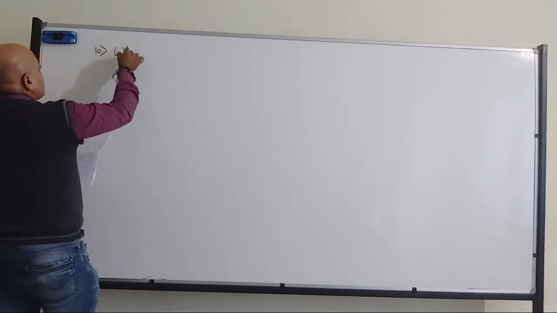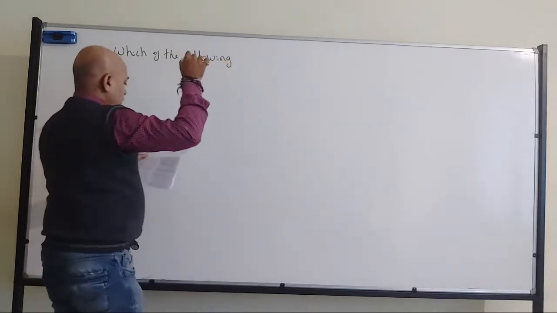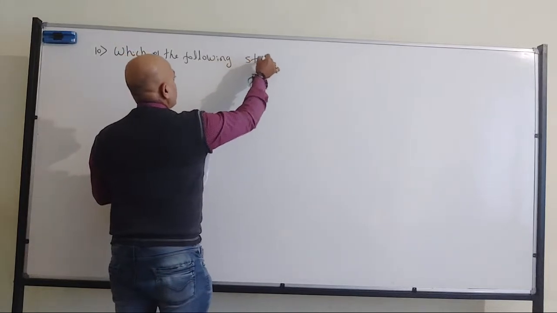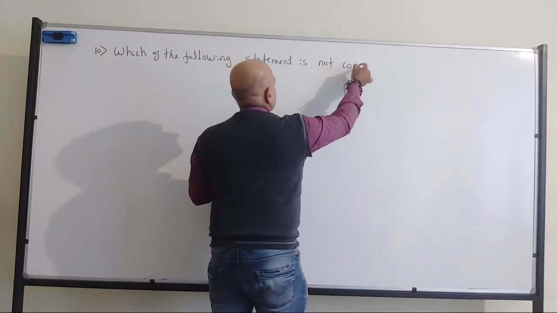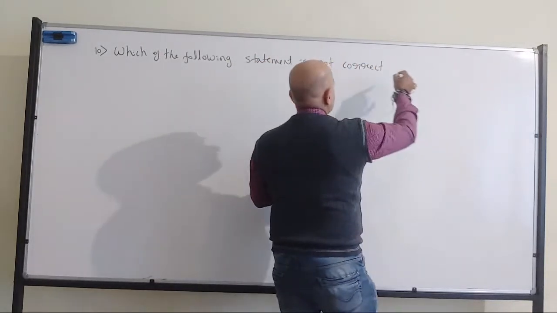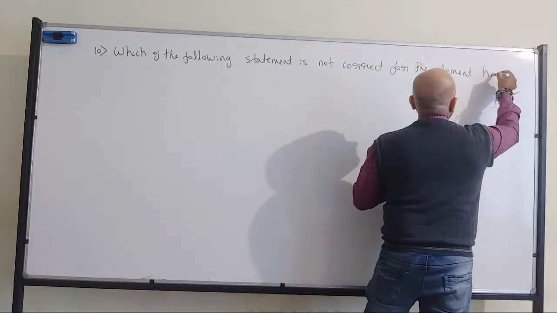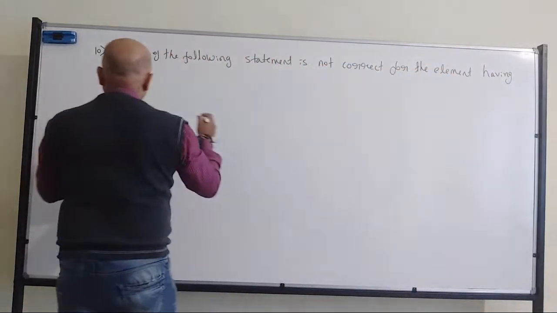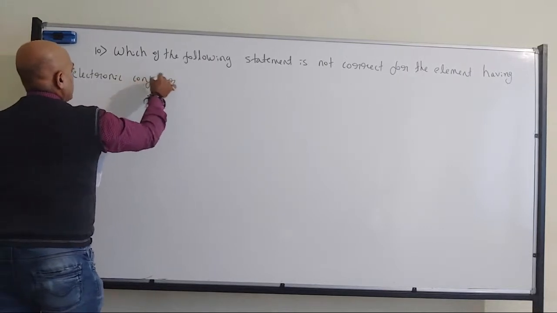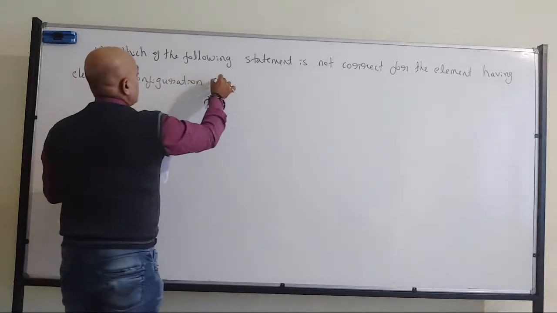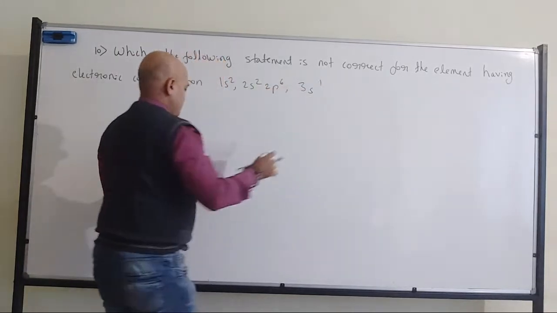Which of the following statements is not correct for the element having electronic configuration 1s2, 2s2, 2p6, then 3s1?